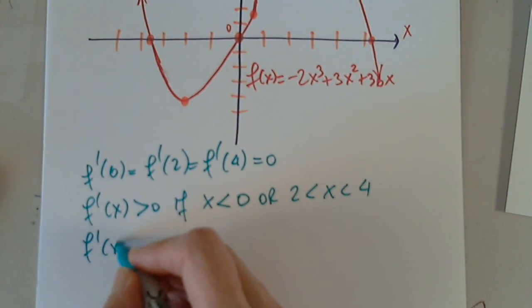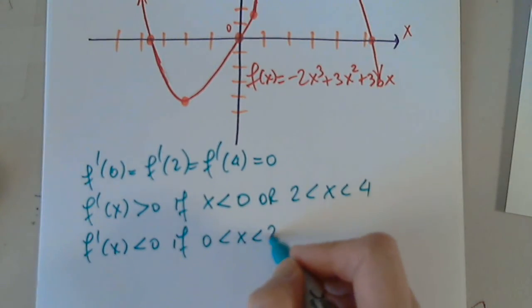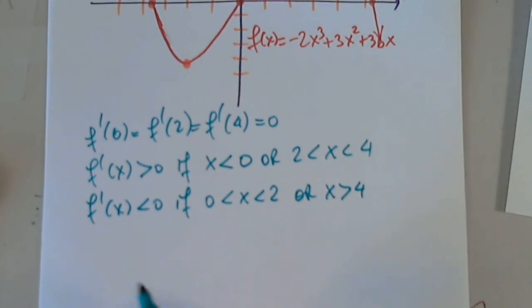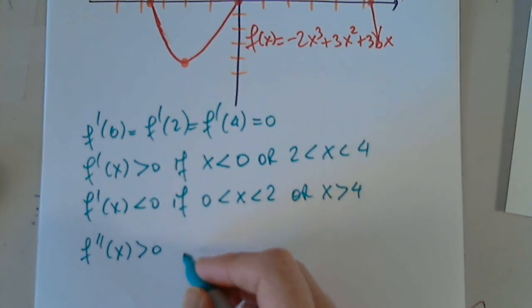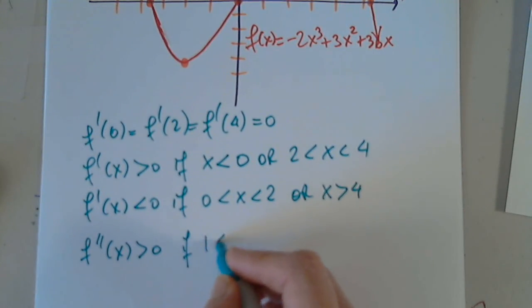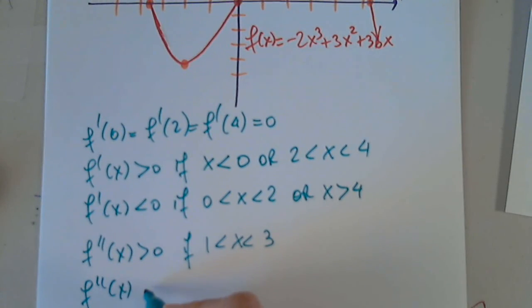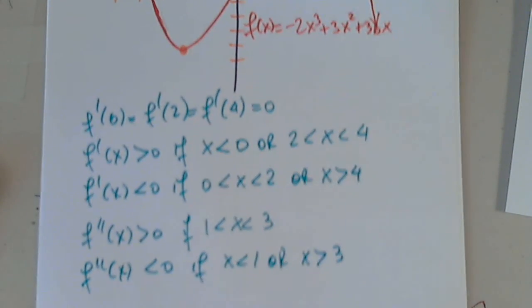We are given that f prime of x is less than 0 if 0 less than x less than 2 or x greater than 4. The second derivative is positive if 1 less than x less than 3. Second derivative is negative if x less than 1 or x greater than 3.